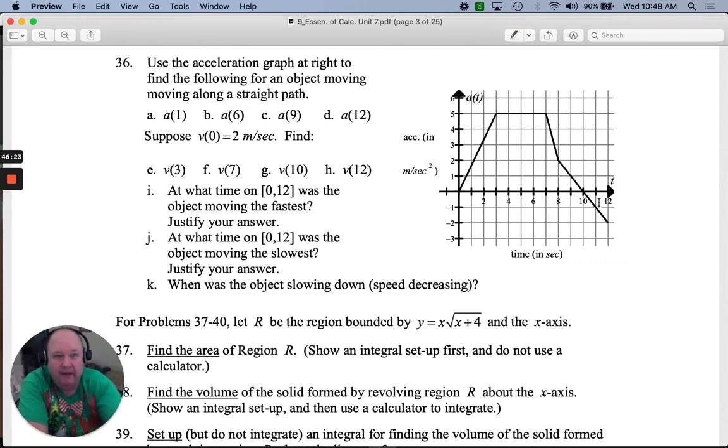And it's slowing down between 10 and 12 because the acceleration's negative, but the velocity is still positive. So between 10 and 12, the velocity is still positive, but the acceleration's negative. So because the signs are different, it's slowing down between 10 and 12.